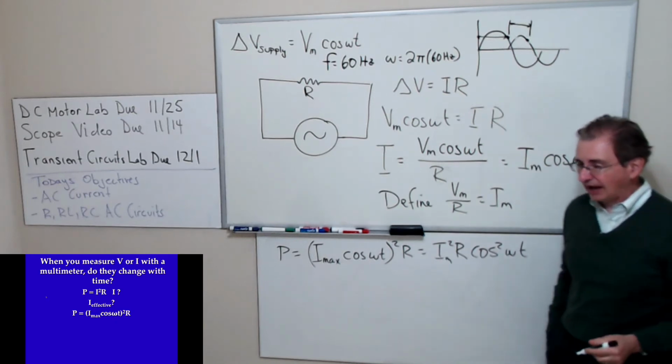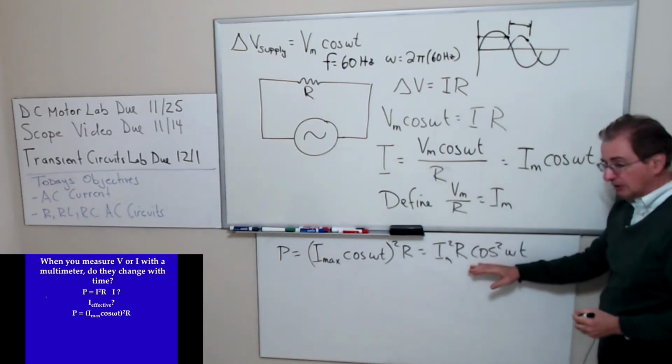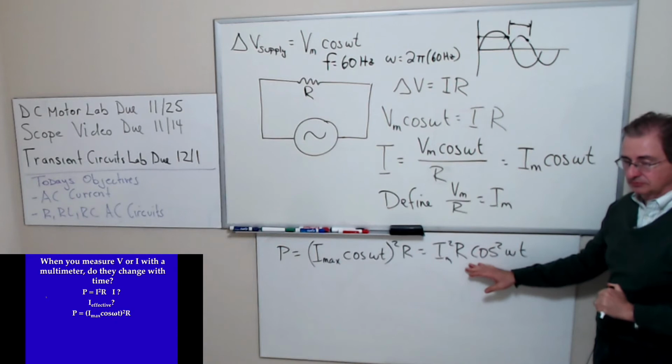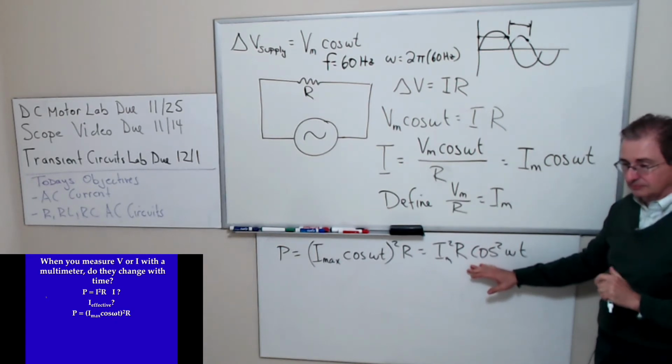So how do you find the average of a function like this? From calculus, how do you find the average of a function?